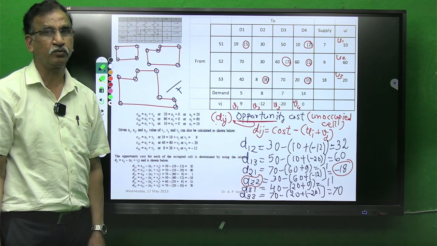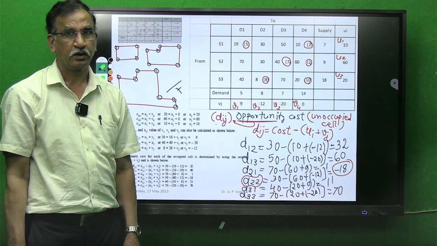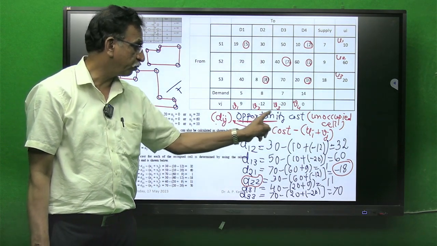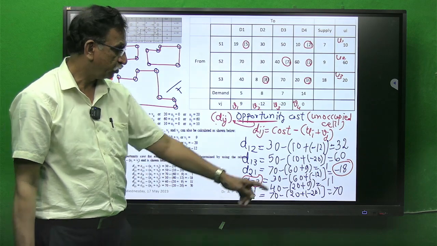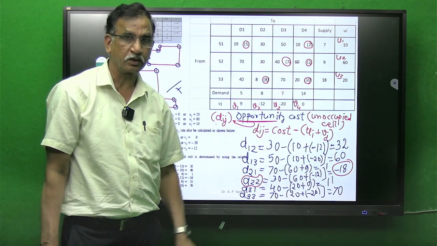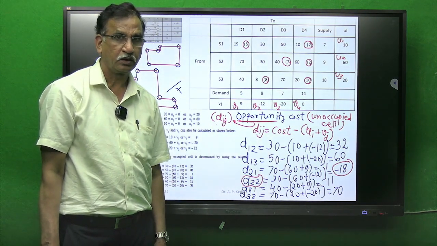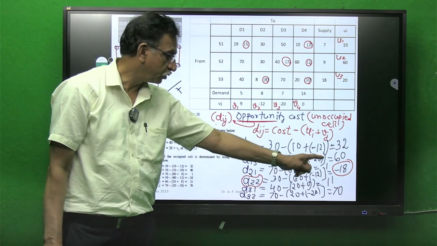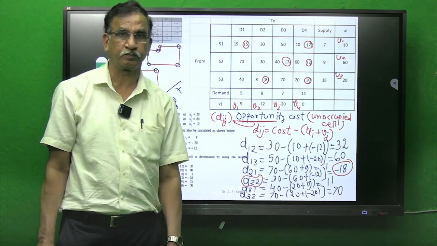So starting point for drawing loop is decided on the basis of your opportunity cost. You have to select that particular cell as a starting point where you are having most negative value.